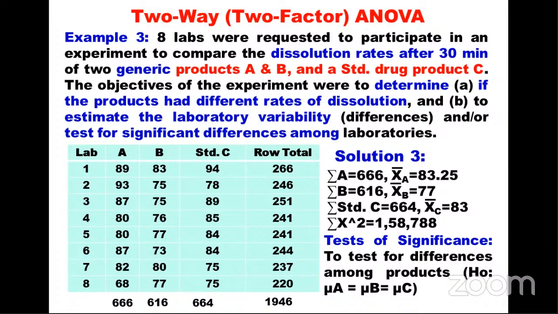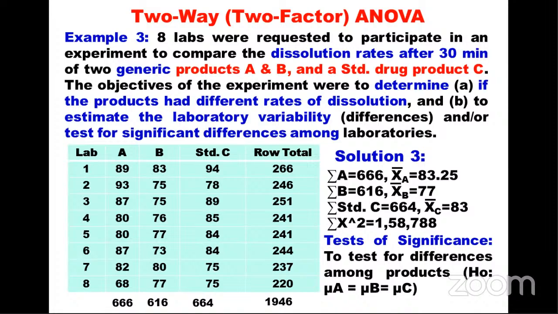So here we have A, B, and C: sum of A, sum of B, sum of C, mean of A, mean of B, mean of C, and sum of all squares. Now here we have 3 products. So in the significance test, what can we hypothesize?